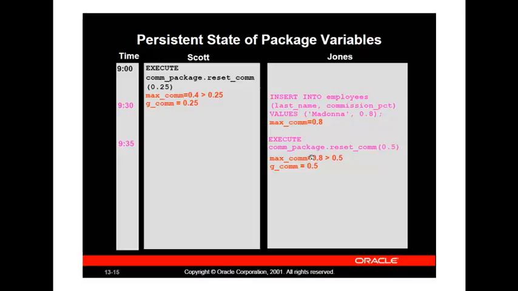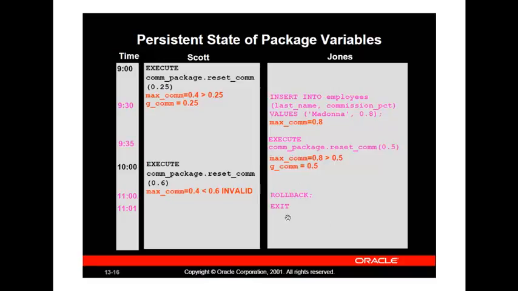Then he executes comm_package.reset_comm, and max_comm 0.8 is bigger than 0.5, g_comm 0.5. Then at 10, Scott executes comm_package.reset_comm, max_comm is now 0.4, bigger than 0.6, and is invalid. Sorry, 0.4 is smaller than 0.6.